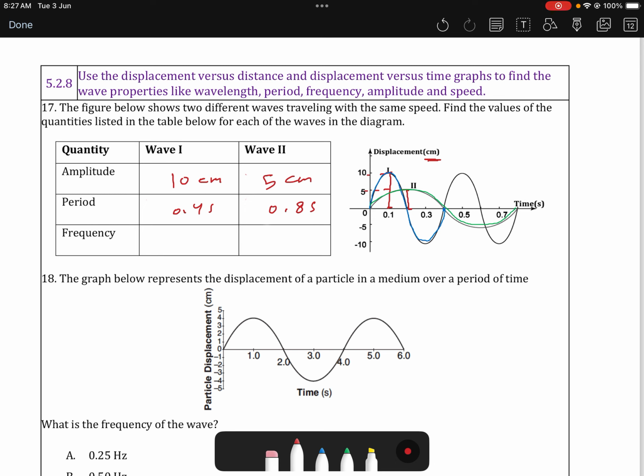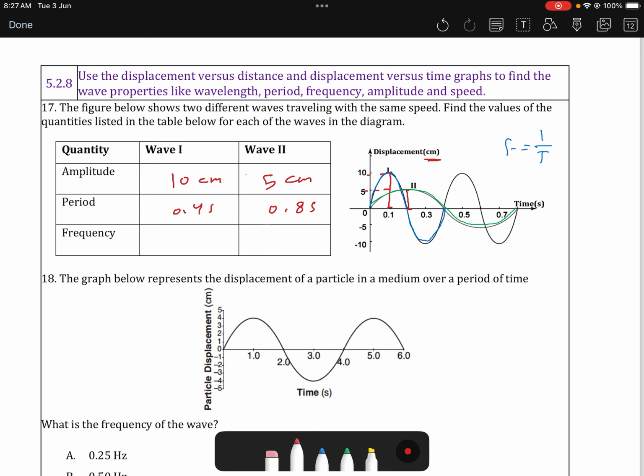What is the frequency of each one of them? Now, the frequency is how many waves per second, right? So frequency equals 1 over period.